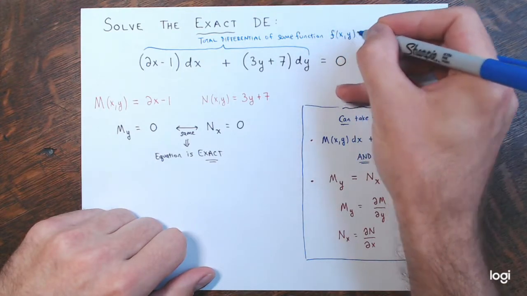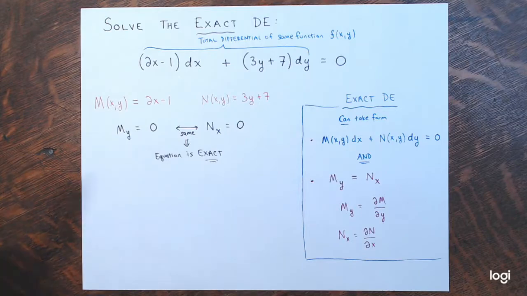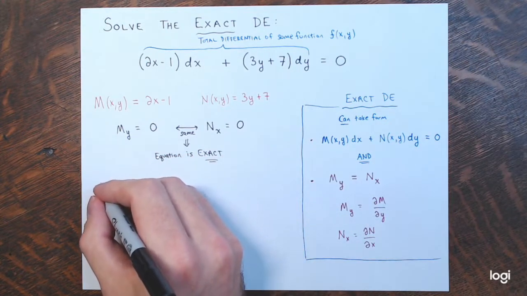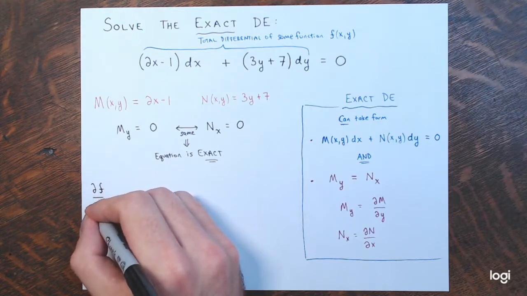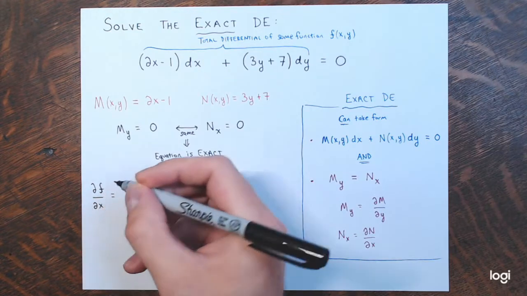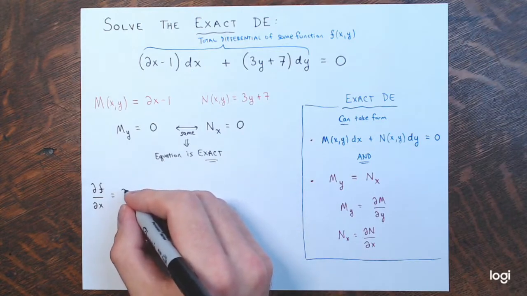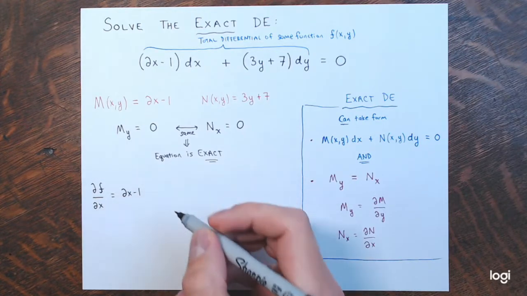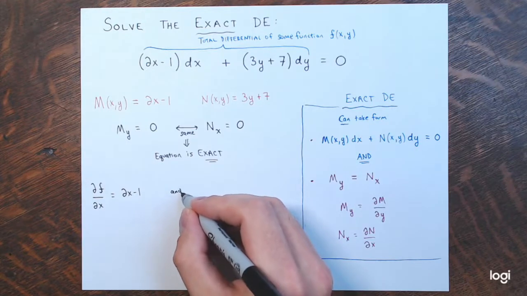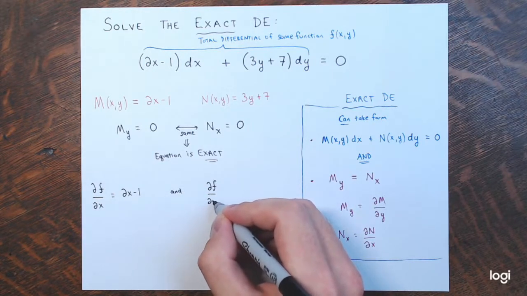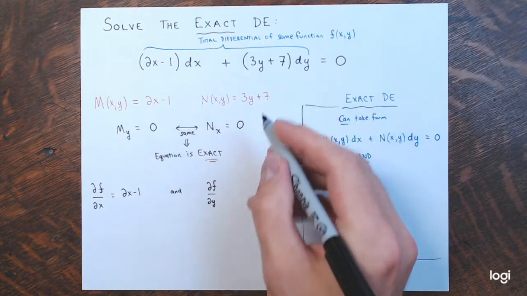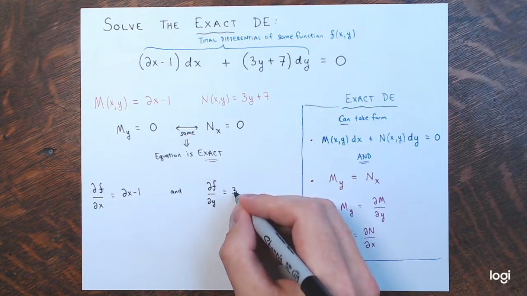All right. So if that's the case, then that means that f sub x, the partial of f with respect to x, is 2x minus 1. And the partial derivative of f with respect to y would have to be this 3y plus 7.